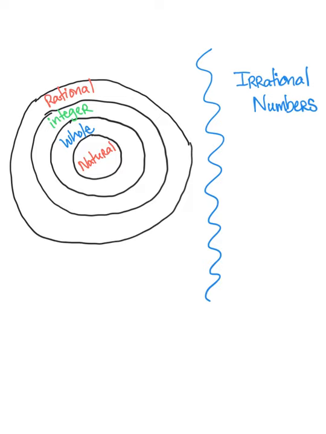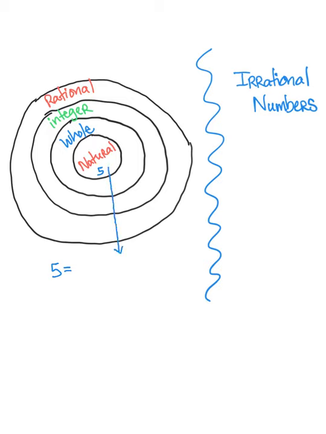If I wanted to classify a number, let's say we classify the number 5. Let's look at the smaller circle. The smaller circle is natural. Is 5 a natural number? Yes. So I'm going to put 5 into that ripple, and then we talk about what other ripples I need to walk out of to get out of the pool.